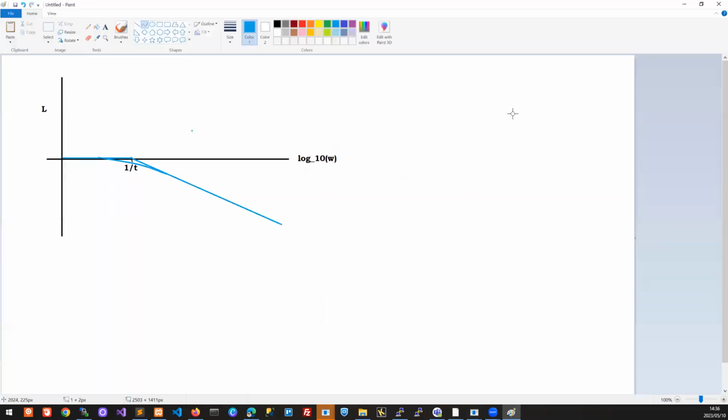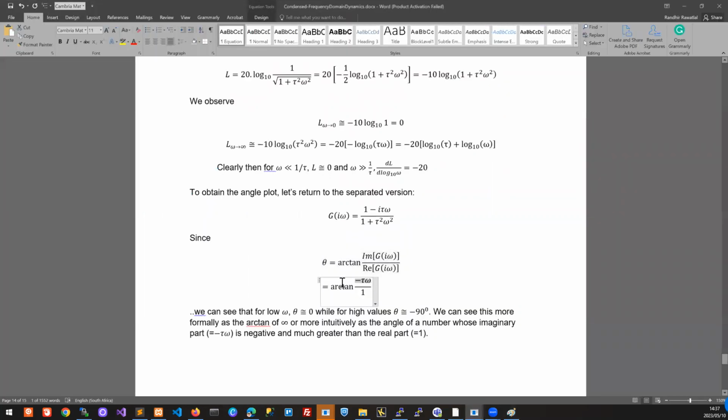And if we think about drawing a complex number like that, we are saying that the real part is about 1. Remember, this is the real axis, and this is the imaginary one. Then the real part is a 1, and the imaginary part is about a 0. So that's a point there. And we can see the angle of this point, taking this as the basis angle. The angle here is 0. So we can say for low values of omega, theta is a 0.